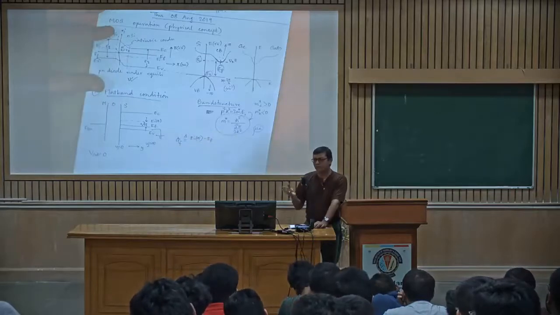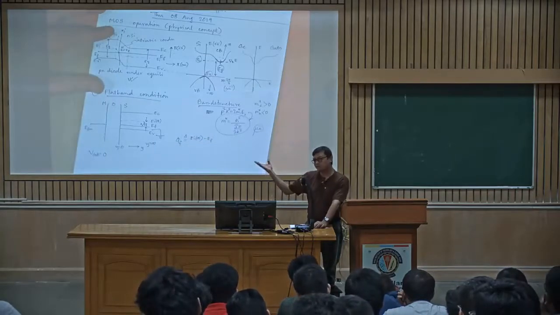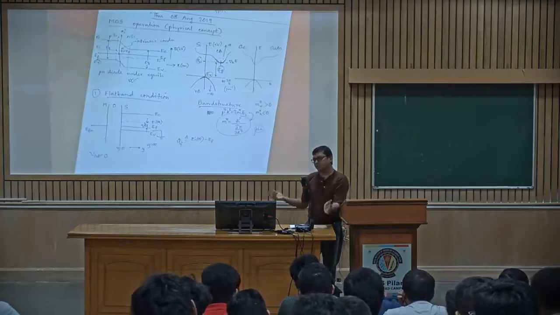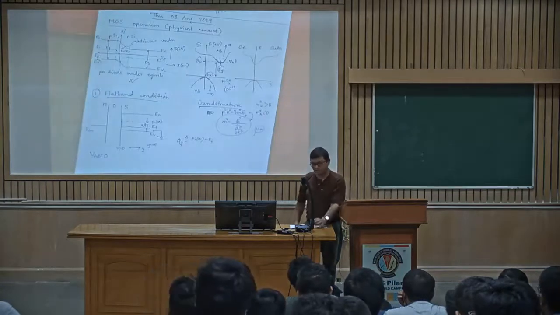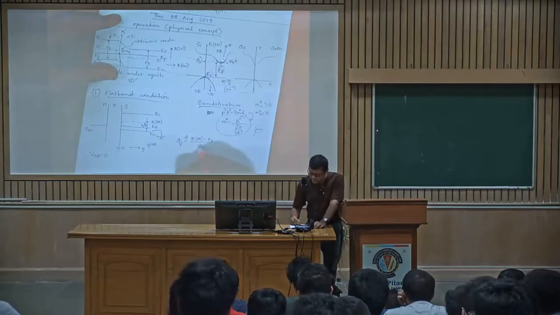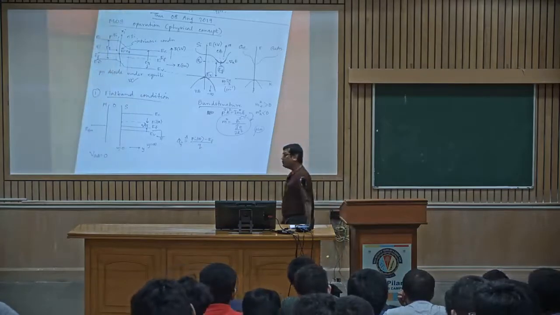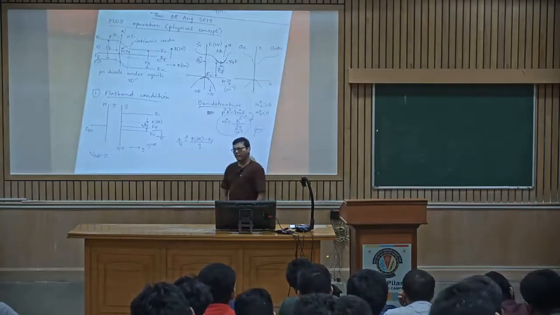Here you can also write EF infinity, but it makes no sense because EF infinity equals EF at 0; EF remains constant. It doesn't make any difference. So divided by q. This is how we are defining the Fermi potential.